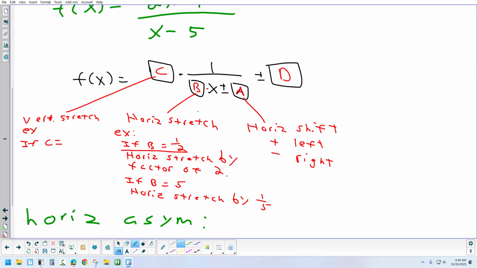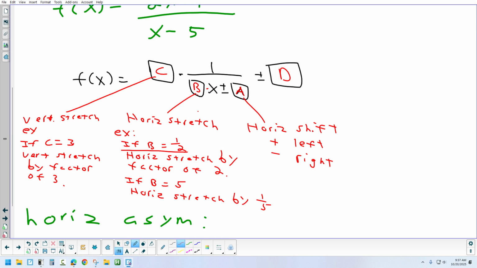If C equals 3, you just say vertical stretch by factor of 3. If C was 1/2, you'd say vertical stretch by factor of 1/2.